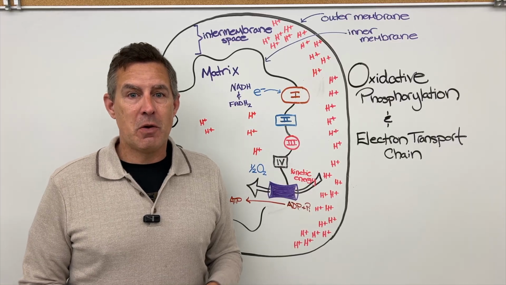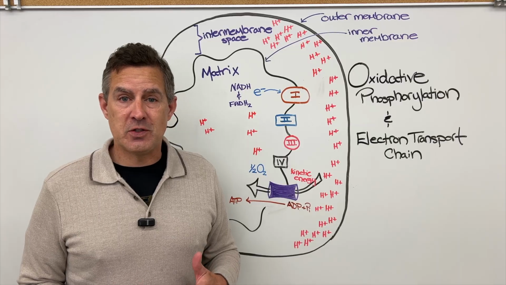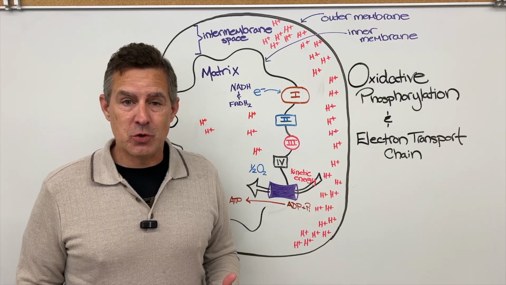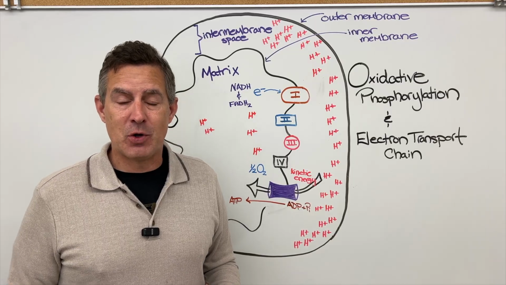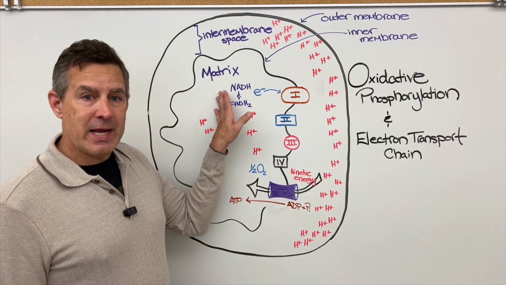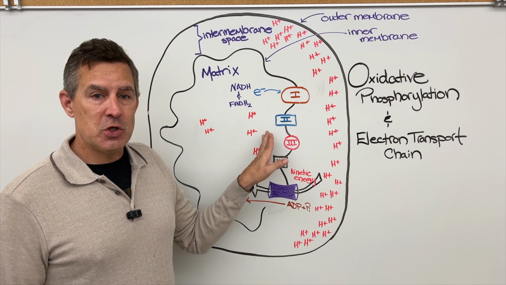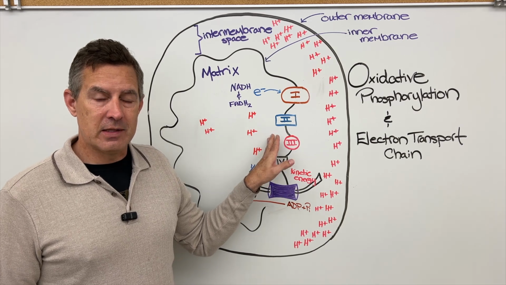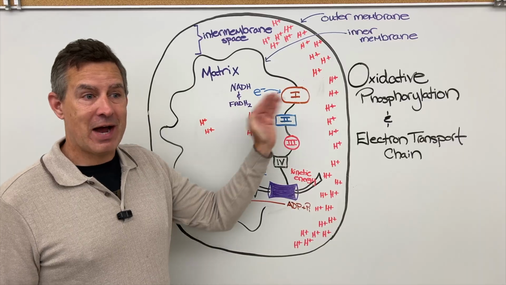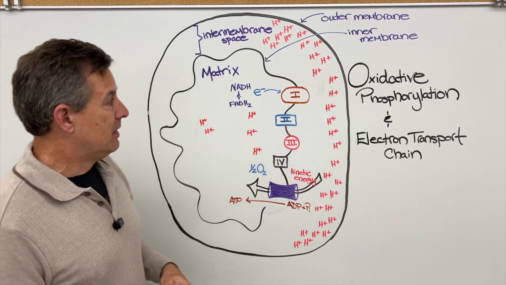So to be clear, once again, glycolysis and the Krebs cycle are the first two phases of cellular respiration. And one of the main themes of those processes is to liberate electrons that are grabbed by NADH and FADH2 and delivered to the electron transport chain to power the movement of hydrogen ions into the intermembrane space.